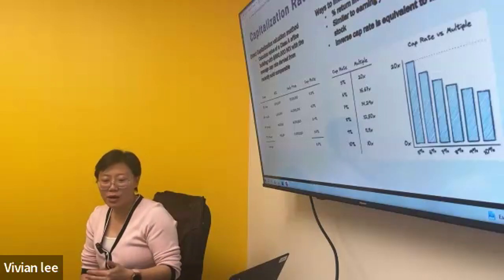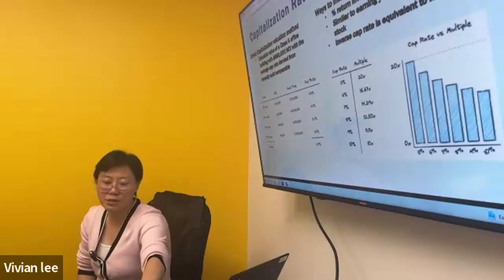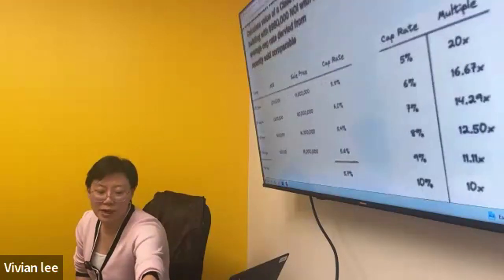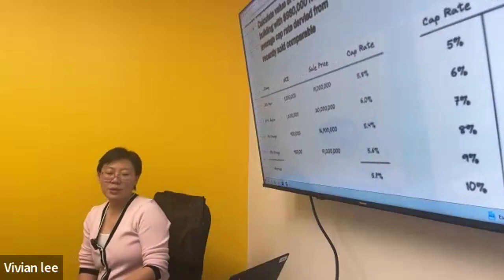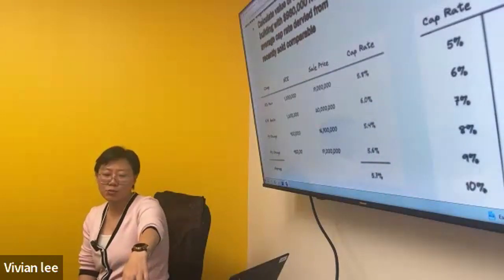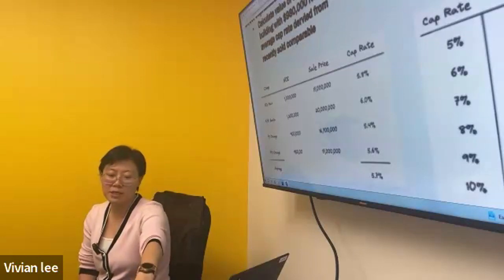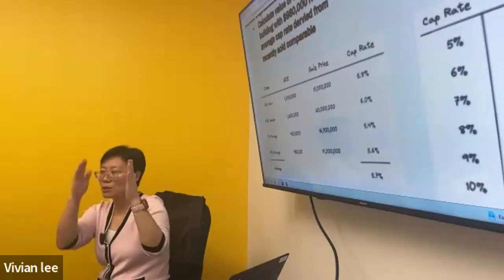And then you're like, okay, how do I know what cap rate to use? So you go out to the market and get comparable sales, right? Here you have 4 addresses in the same city that were generating a similar level of net operating income, around $1 million to $950,000. So you want to look at the similar ones.